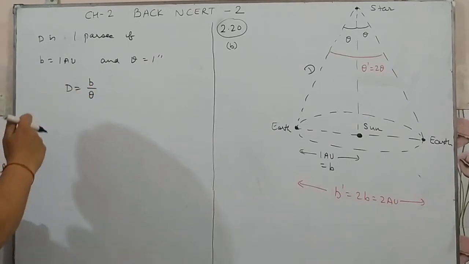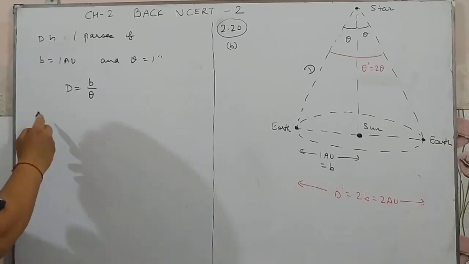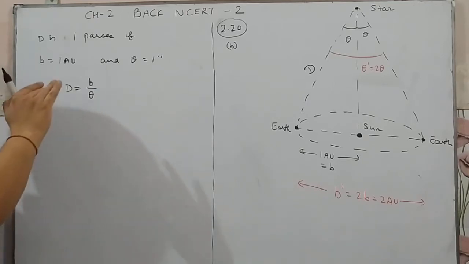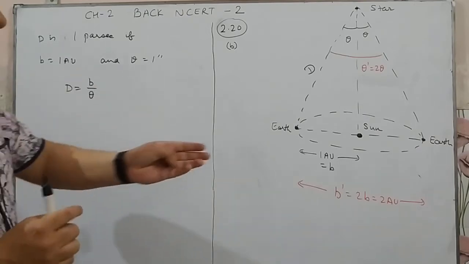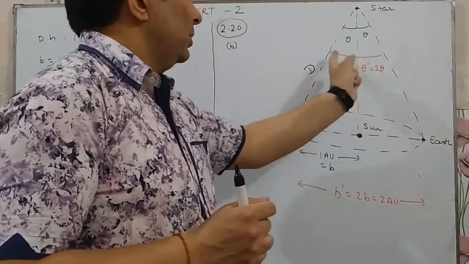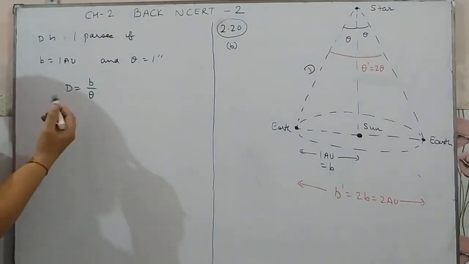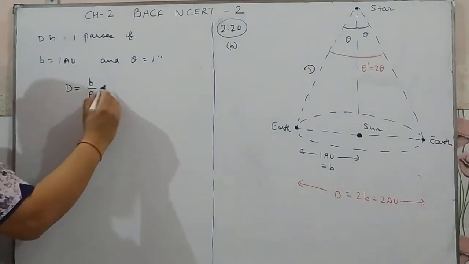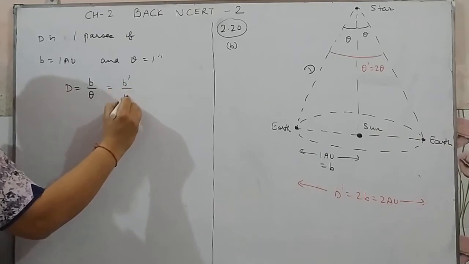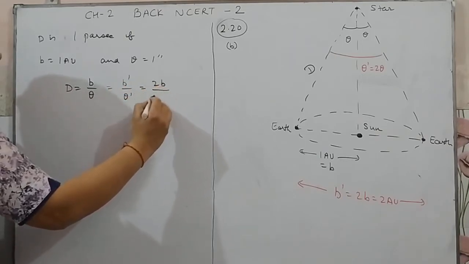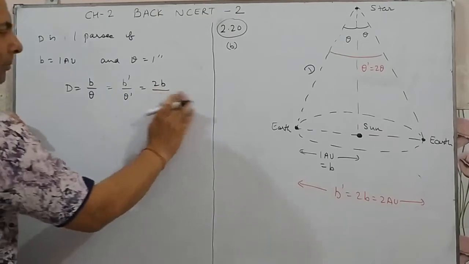Now, in this case, what happens? In the present case, d remains the same because the only things that change are the basis and the angle. So d will again be equal to b dash upon theta dash, which is equal to 2b upon 2 theta.